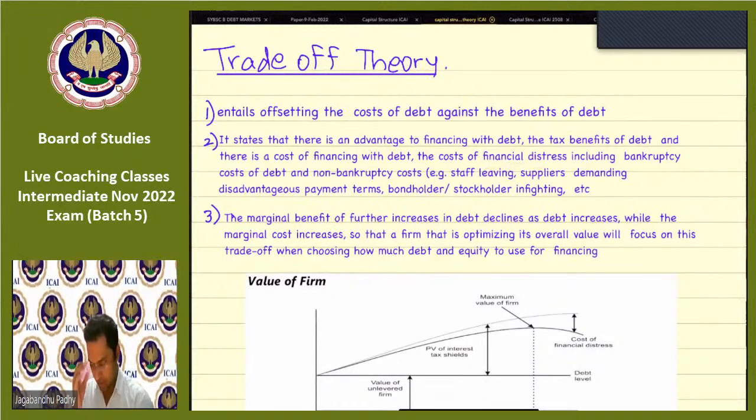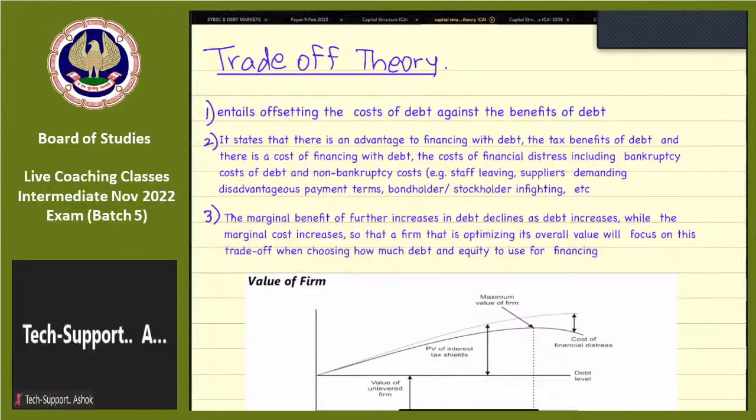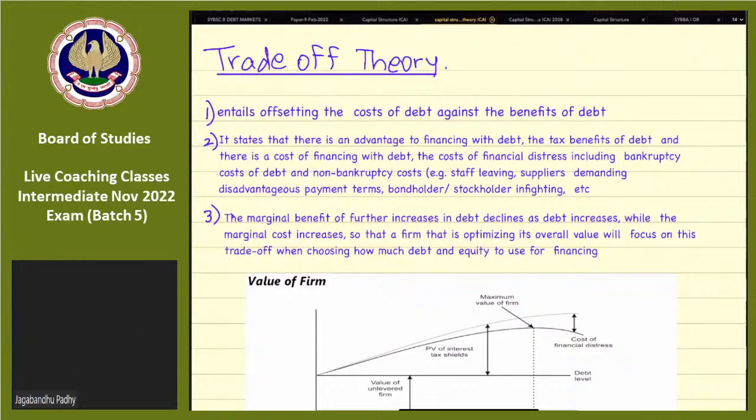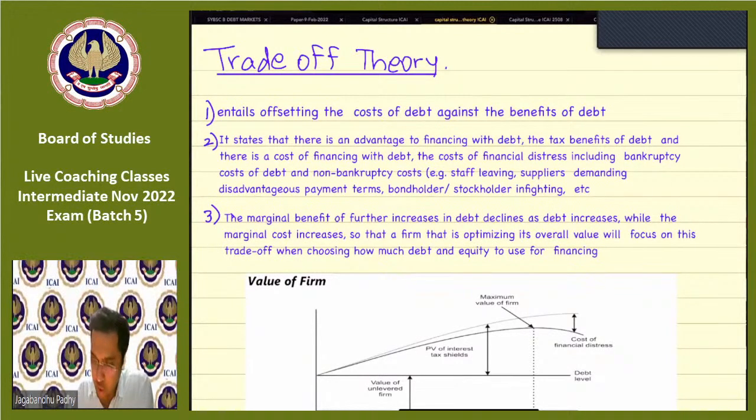Okay, so there is some advantage and there is some disadvantage also. Now, generally, in the initial stages, the benefits of debt outnumber the cost of debt, and that's something which is good.